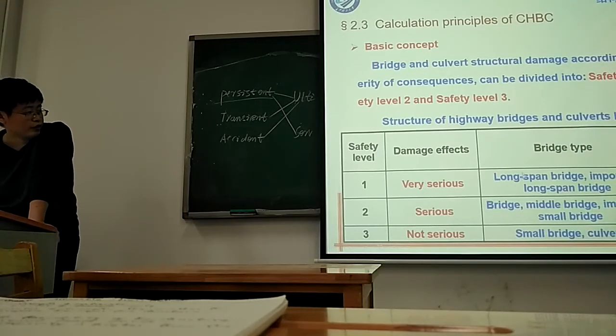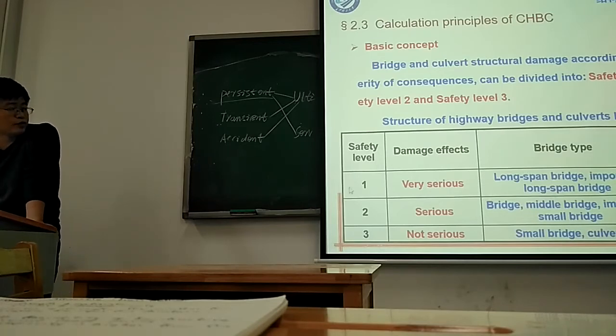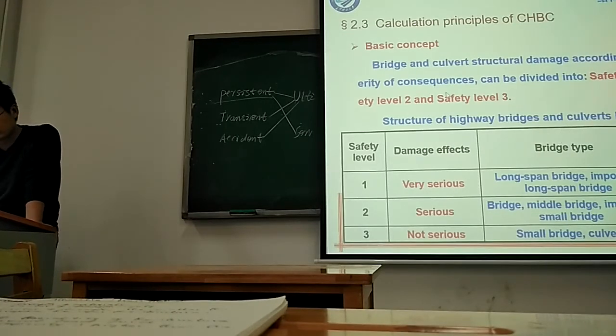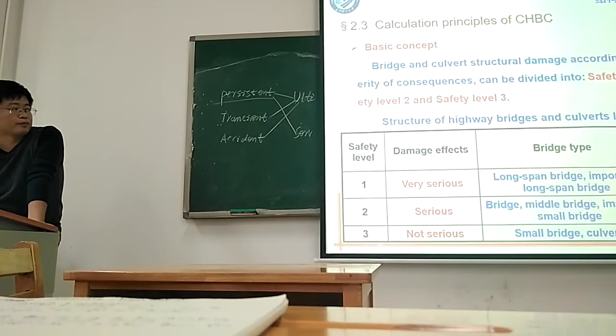So for the large bridge, an important large bridge, of course, it's very important. If it's damaged, the consequence is very serious. So the importance coefficient gamma 0, the value is 1.1.